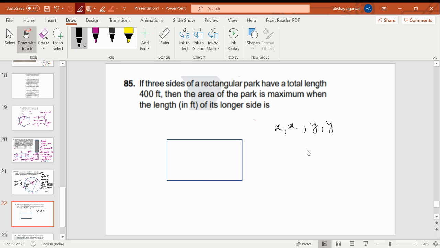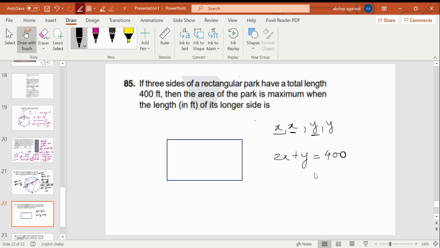I don't know which is longer, which is shorter, but you'll come to know when we start solving the question. So we know sum of three of the sides is equal to 400. So let us say one x, one y, and one of them will have to be the same as the other. So let us say these two. So can I say 2x plus y will be equal to 400?